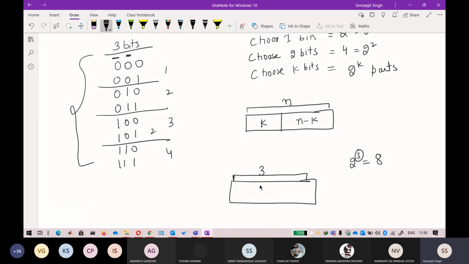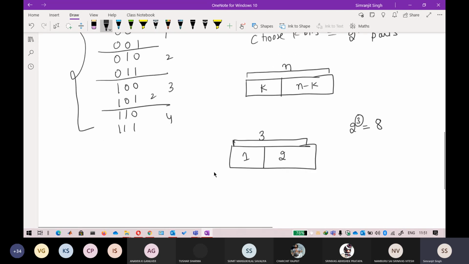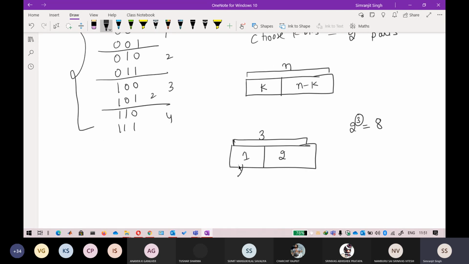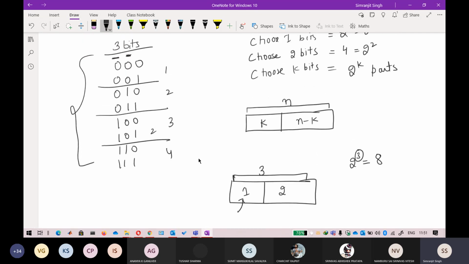Now suppose I fix 1 bit here. The total bits are 3, 1 bit is fixed, the remaining bits are 2. You already know this.